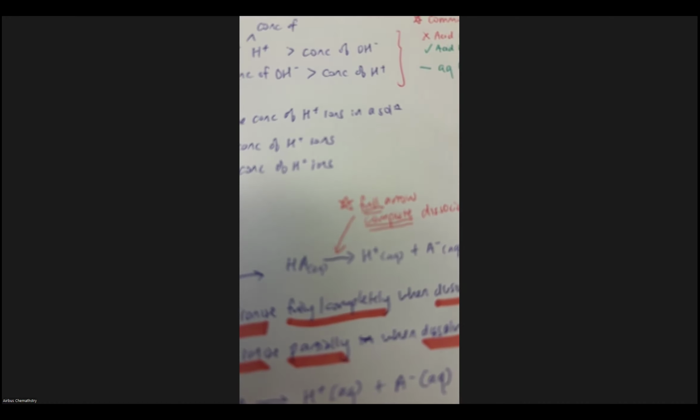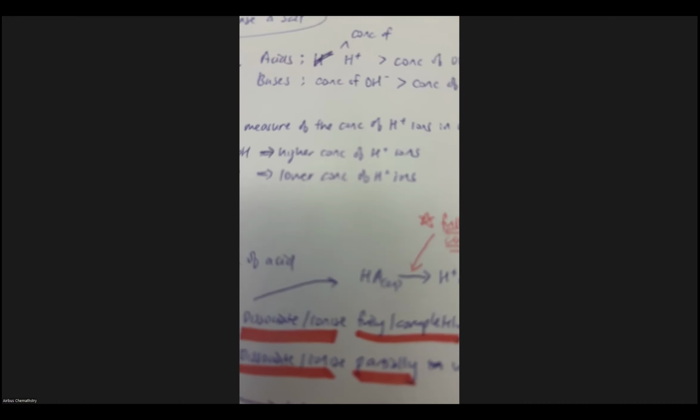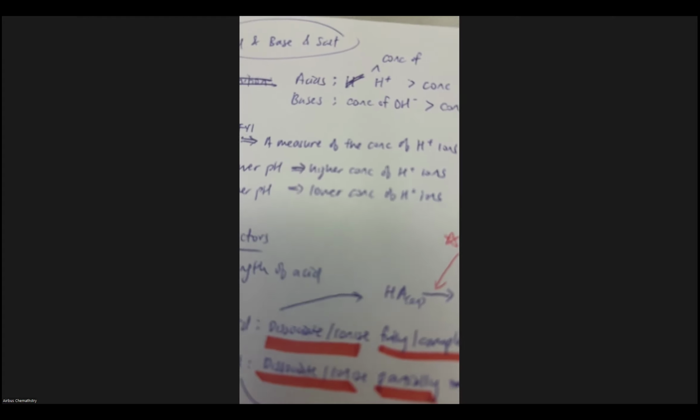Let me give you an example. Sodium hydroxide is a very common base, especially when you use it in the lab. Later on there will be a part that talks about metal oxides and metal hydroxides.